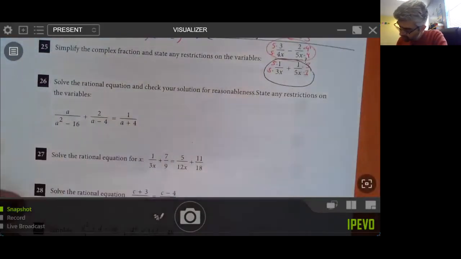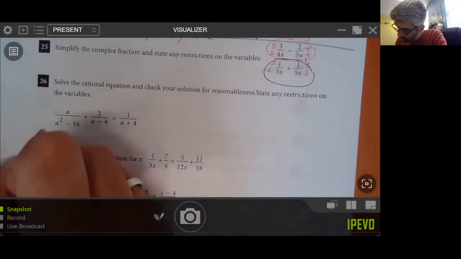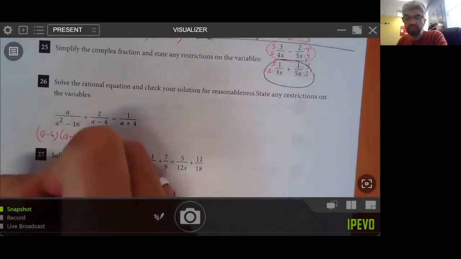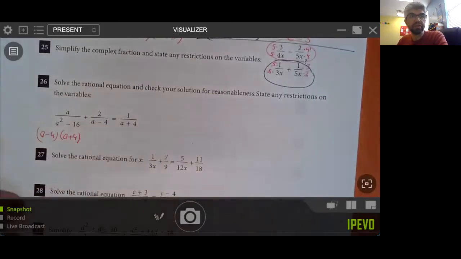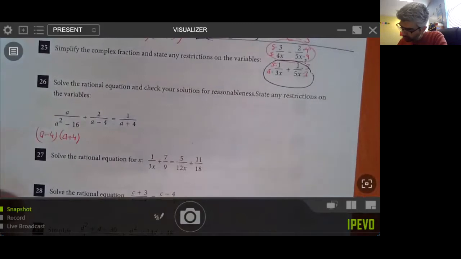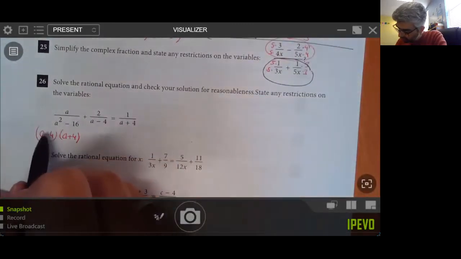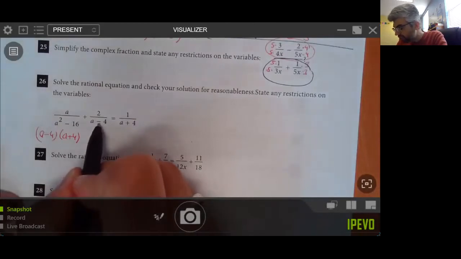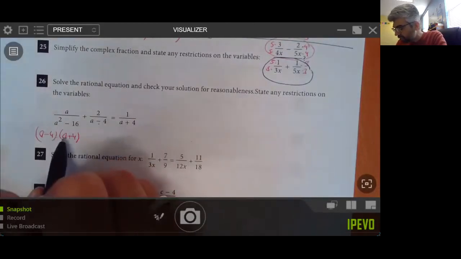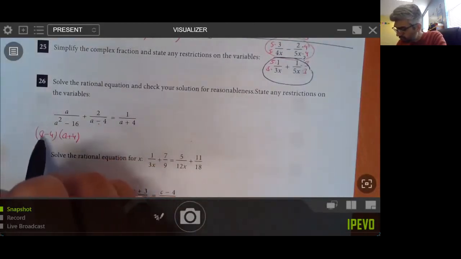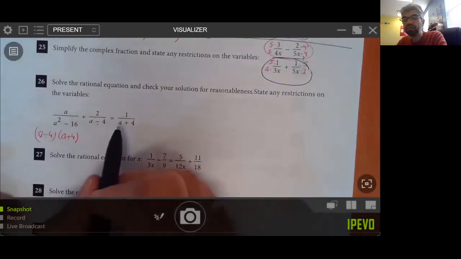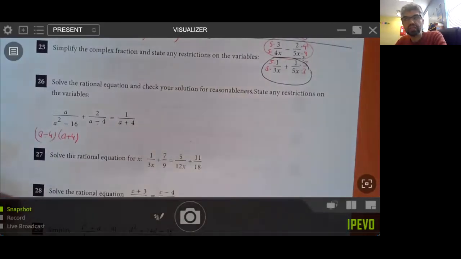And the denominators here, guys, a squared minus 16, a minus 4 times a plus 4, all right? And so I write here, so the second one is a minus 4, okay? So this is a minus 4.